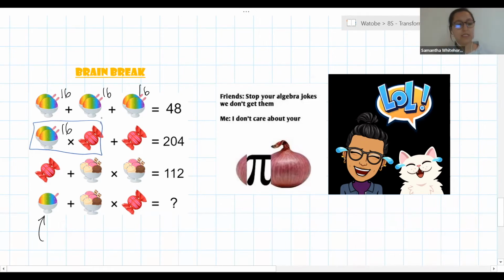So if we say 16 times 94, we're going to get a massive number. It's like 1,504, something like that. So just be careful with our order of operations, guys. Okay. So we have to figure out 16 times what, and then adding that same number in order to get our value of 204.